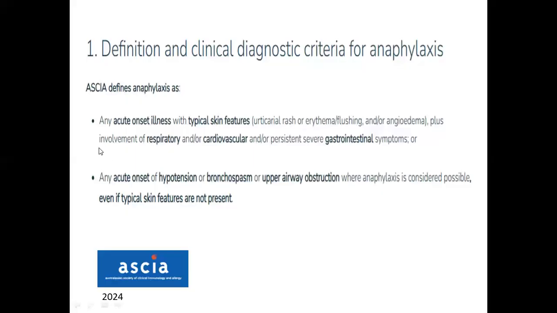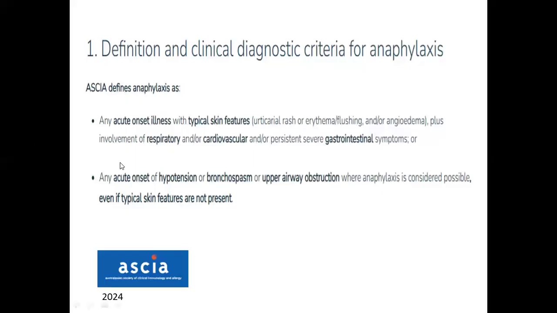The first one is any acute illness with typical skin features and involvement of respiratory, cardiovascular, or gastrointestinal symptoms, right? So that means skin plus respiratory, or skin plus cardiovascular, or skin plus GIT, that is anaphylaxis, right?